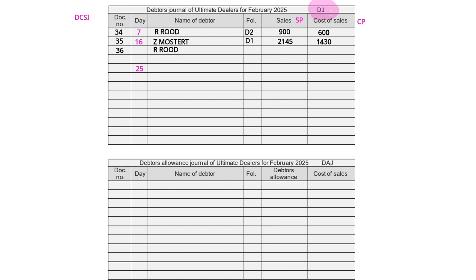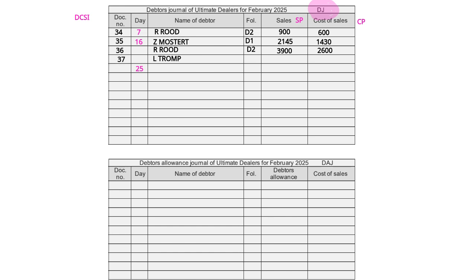R. Ruud is debtor 2. In the sales column, 3,900, and cost of sales is 2,600. Again, we take the selling price times 100 divided by 150, and we get 2,600. Remember, your selling price is always recorded in your sales column, and your cost price is recorded in your cost of sales column. And then the last debtor was Trump.